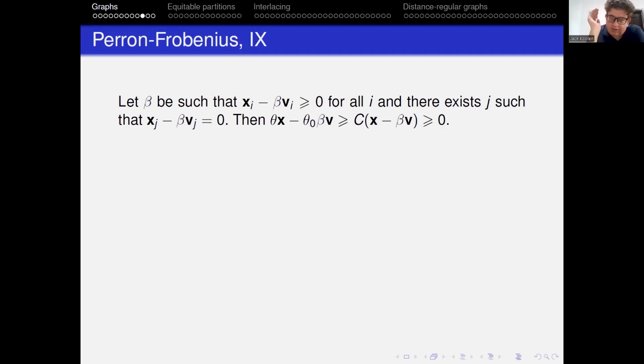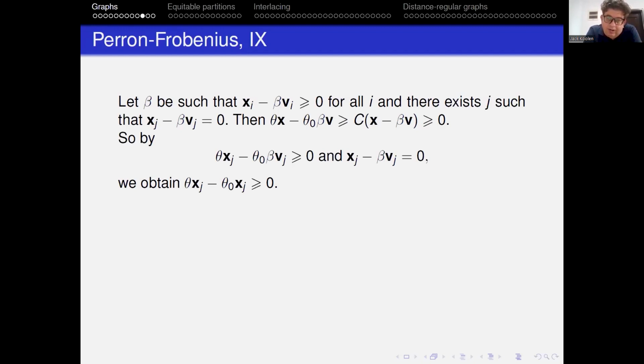Then we must have a k where this coordinate is 0. So when we look at theta x minus theta 0 beta phi, that is greater or equal to Cx minus beta C phi. Yes, by definition, because C phi is exactly theta 0 times phi. So this works.